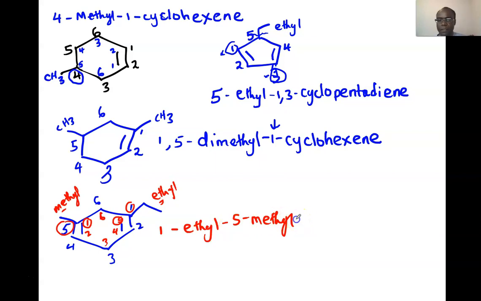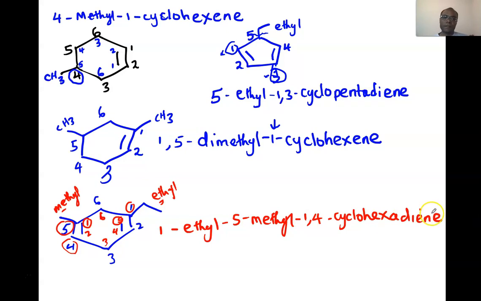Then you have the double bonds on 1 and 4, so 1,4, and then cyclohexa, because there are 2 double bonds, that's why we include hexadiene.